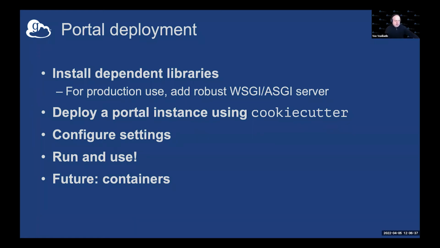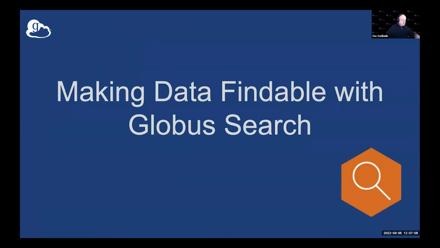At some point we're definitely going to add to our documentation some pointers to best practices and perhaps a recommended layout and tooling, but you certainly should be using more proper WSGI or ASGI servers instead of the built-in one that we used, Django's built-in development server, which is not really suited to production use. And we talked about containers that are coming in the future, so that's definitely there.